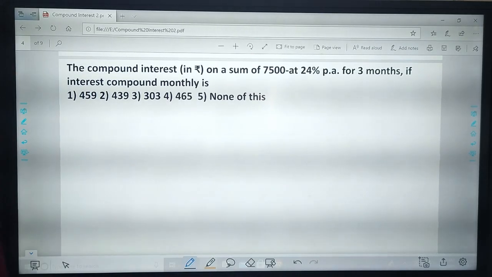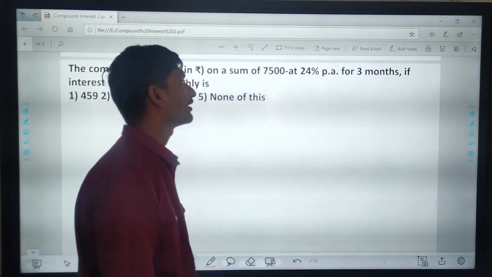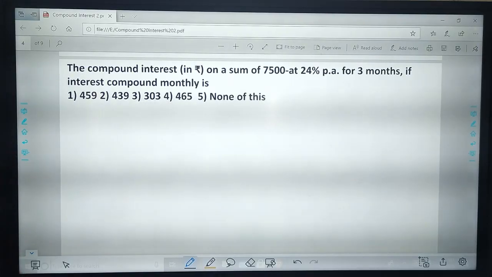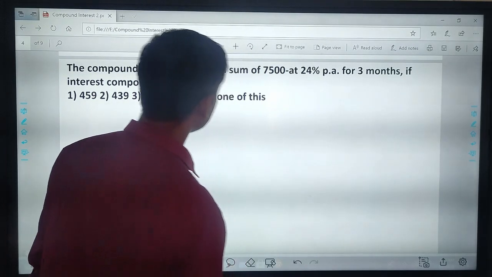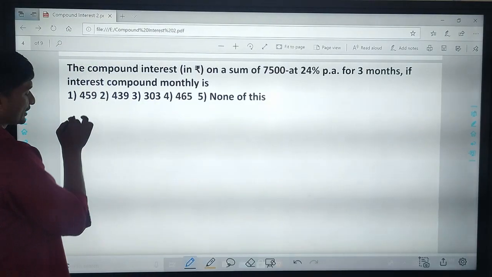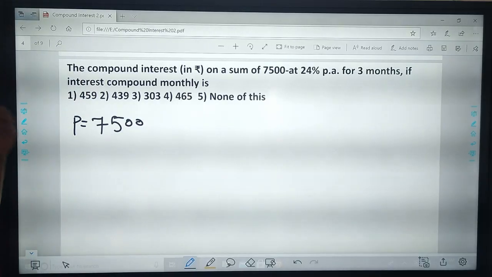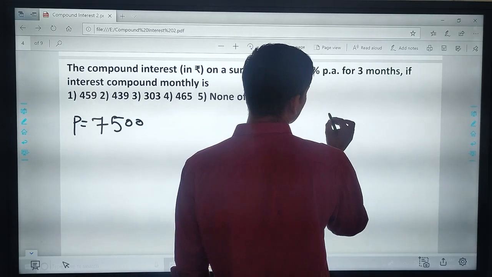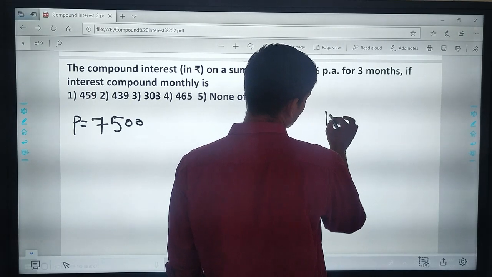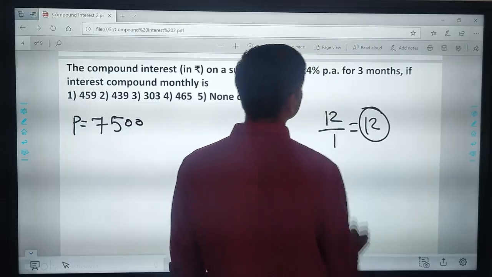The compound interest on a sum of 7,500 at 24% per annum for 3 months, if the interest is compounded monthly. Now here your principal is 7,500 rupees. Compounded monthly means 1 year is 12 months, so the factor is 12.